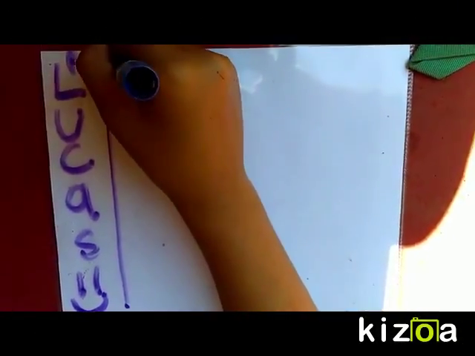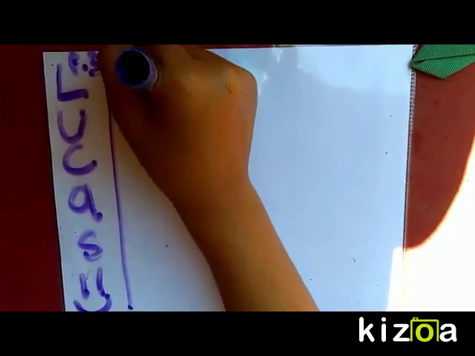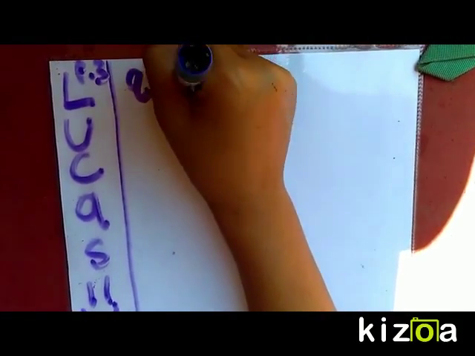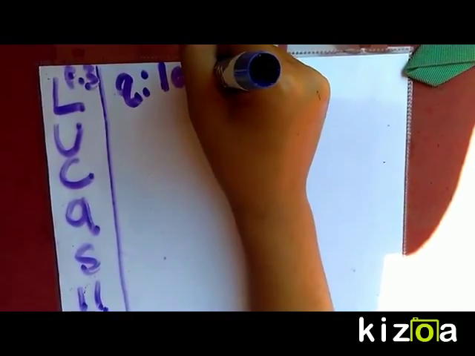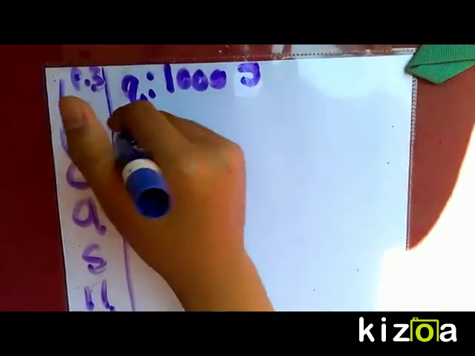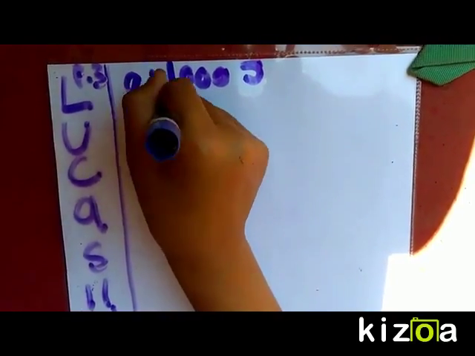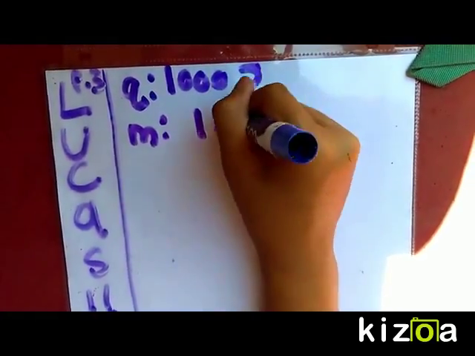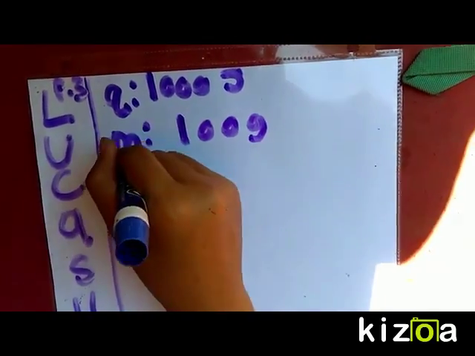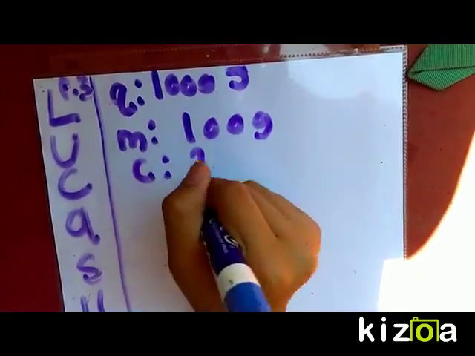Now the problem you just saw in the recent image. Our joules was 1,000 joules. Our mass was 100 g. Our specific heat was not given to us, so we must solve for that.